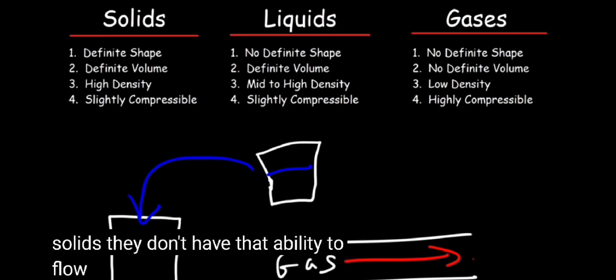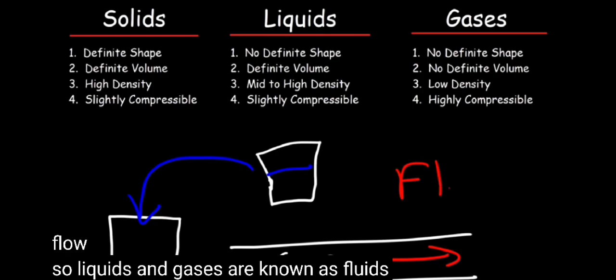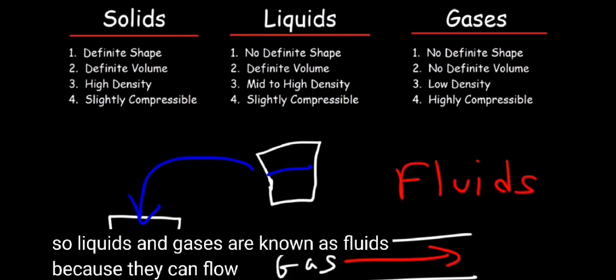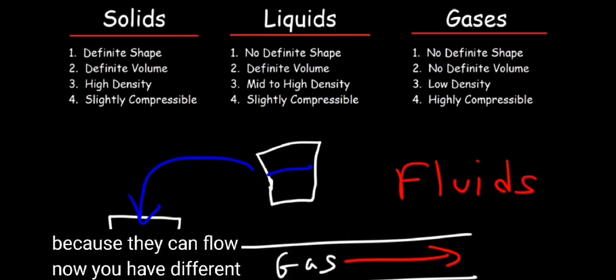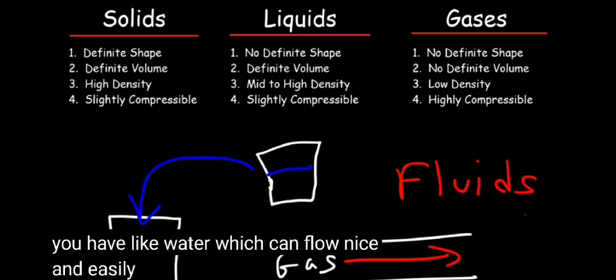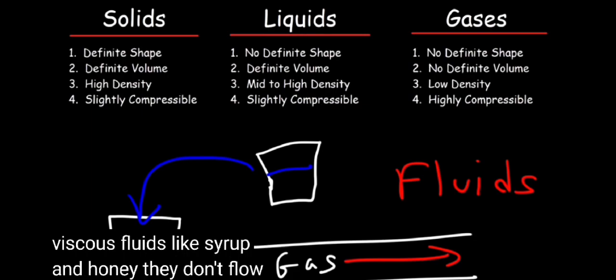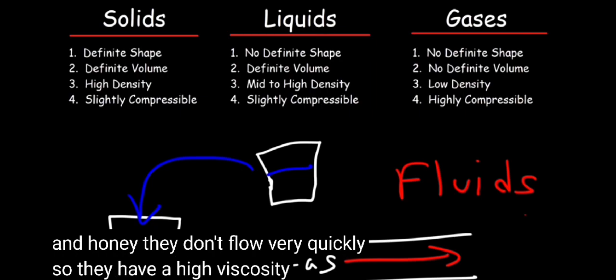Solids don't have that ability to flow. So liquids and gases are known as fluids because they can flow. Now you have different types of fluids. You have water, which can flow nice and easily, but you have more viscous fluids like syrup and honey. They don't flow very quickly, so they have a high viscosity.